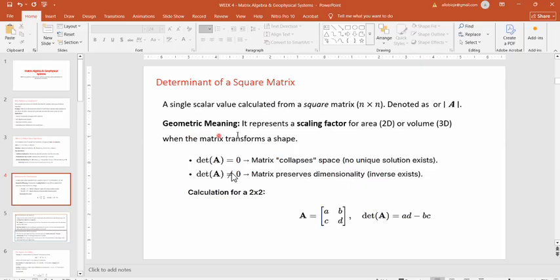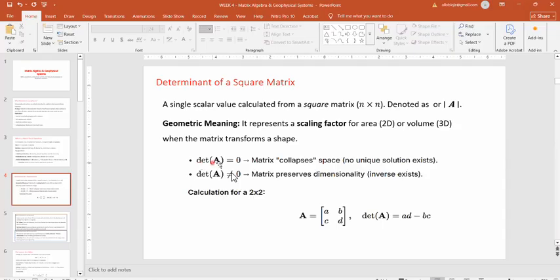So it represents a scaling factor for area, 2D, and volume, 3D, when the matrix transforms a shape. Meaning that by the time you find the determinant of a matrix, you get a single value.